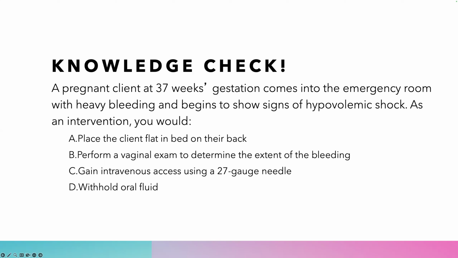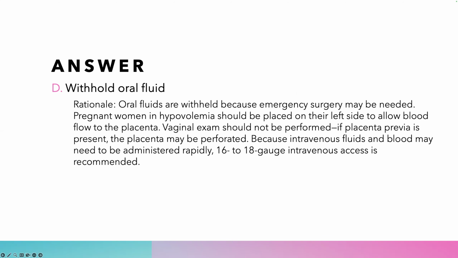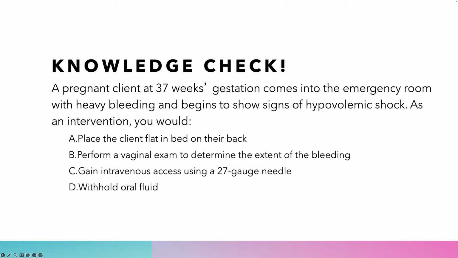Nobody? B. Perform a vaginal exam. Do we think B? What are we going to do if somebody's bleeding? Are we going to do a vaginal exam if somebody's bleeding?